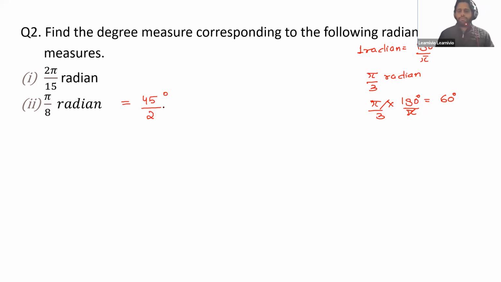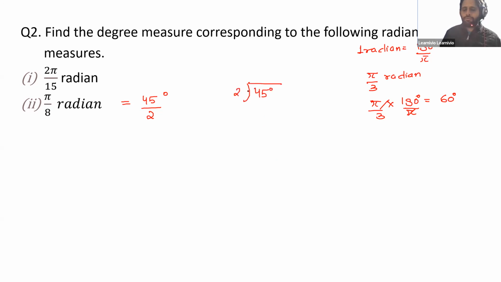Latika, you are also getting the same answer. So always remember, whenever you are converting into a degree and you are getting a fraction, then we will convert that into minute and second. Now how to do that? Write like this: 45. Divide this with 2.